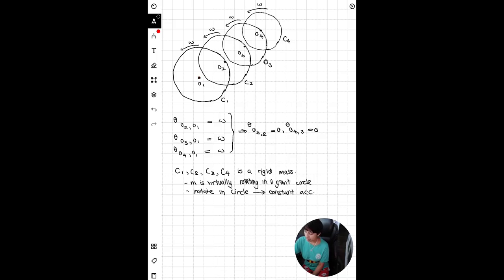So what does this really mean? This mass m that was discussed in the problem, it's sitting on a rigid body where all of these points are rotating with angular velocity of omega with respect to a stationary observer standing outside, but in reality, all of these points with respect to each other form a rigid body, and m is just moving around a giant radius, which looks something like this, around O1.